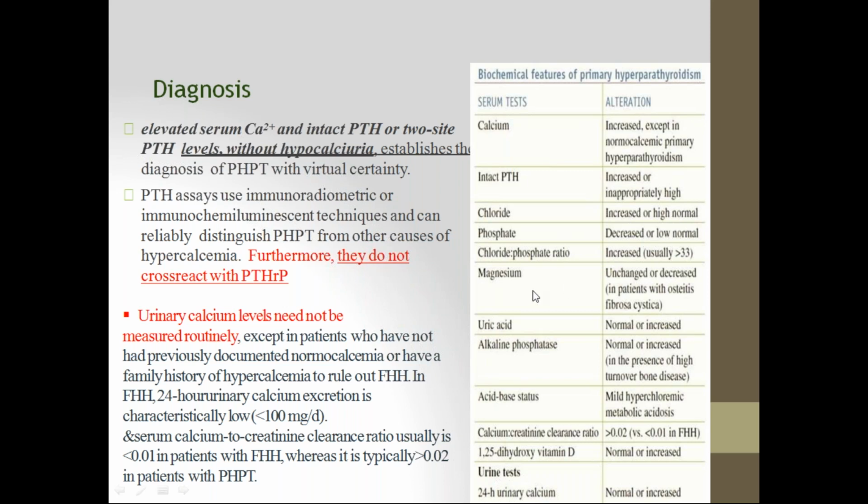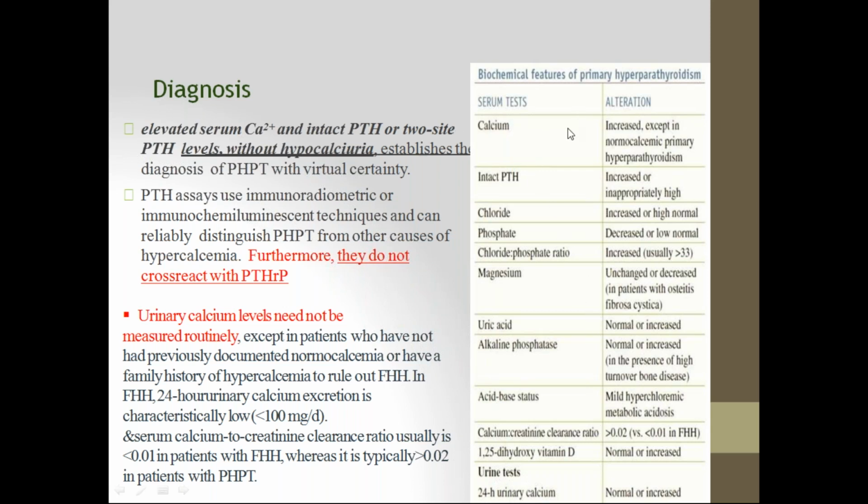The chloride to phosphate ratio will increase in primary hyperparathyroidism. Magnesium is unchanged. Uric acid level is normal or increased. Alkaline phosphatase is normal to increased. Acid-base status: mild hyperchloremic metabolic acidosis may be present. These are all the features of primary hyperparathyroidism.